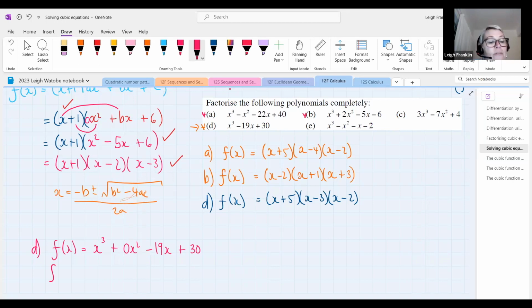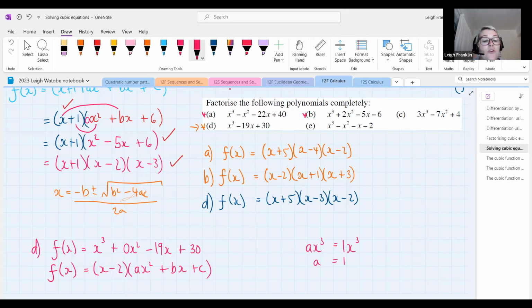So let's say I've now subbed in 2, and I have worked out that x minus 2 is one of my factors. So now I've got ax squared plus bx plus c. When I multiply the first term in the first bracket with the first term in the second bracket, I end up with ax cubed, which is equal to 1x cubed, so a is equal to 1.